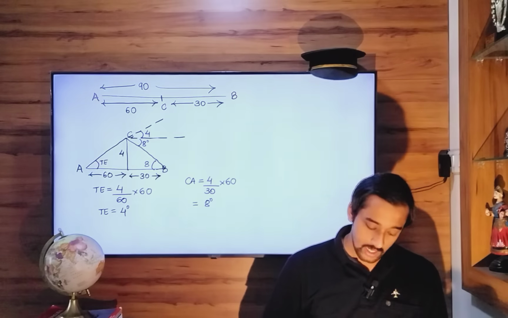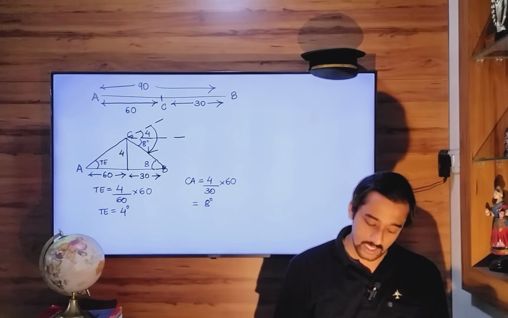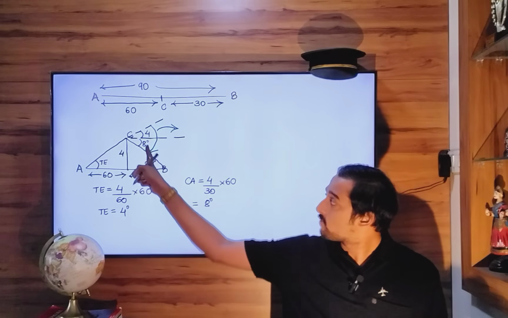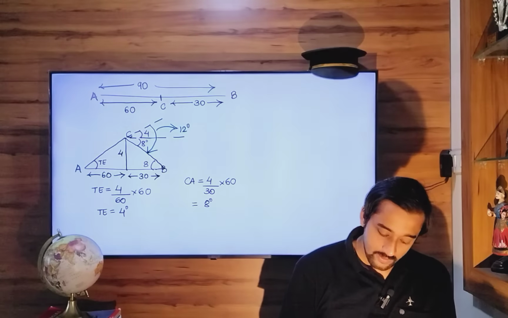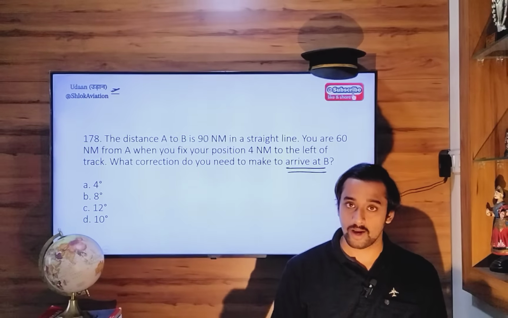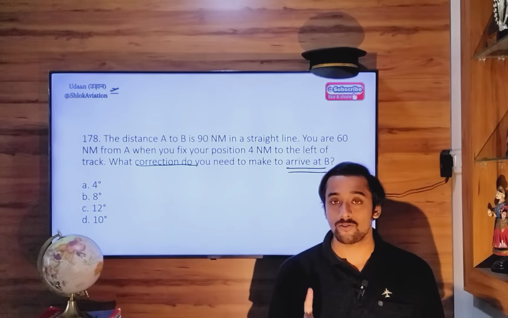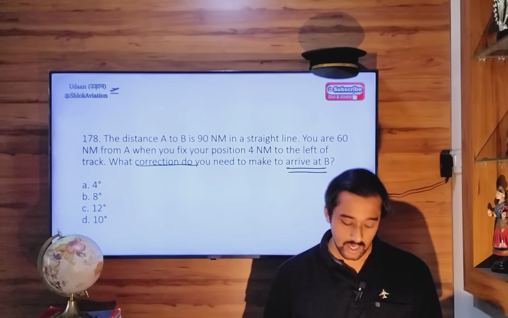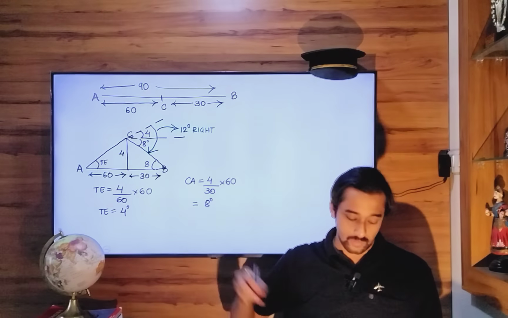So the total angular change that you will have to make is 4 plus 8, that is 12 degrees right. So this is how you need to find this answer. You have to make a correction of 12 degrees to your right hand side in order to arrive directly at point B.